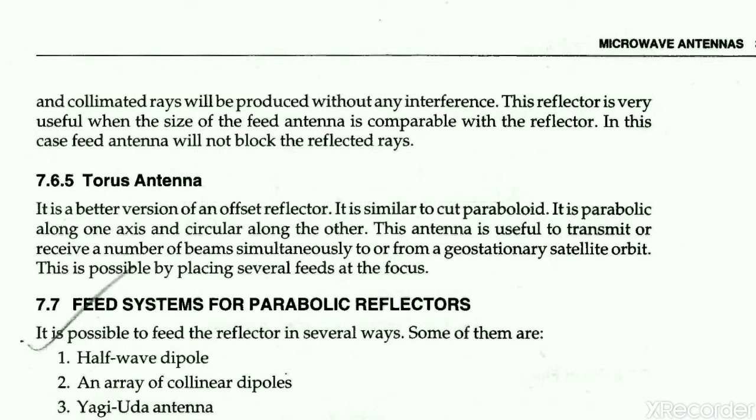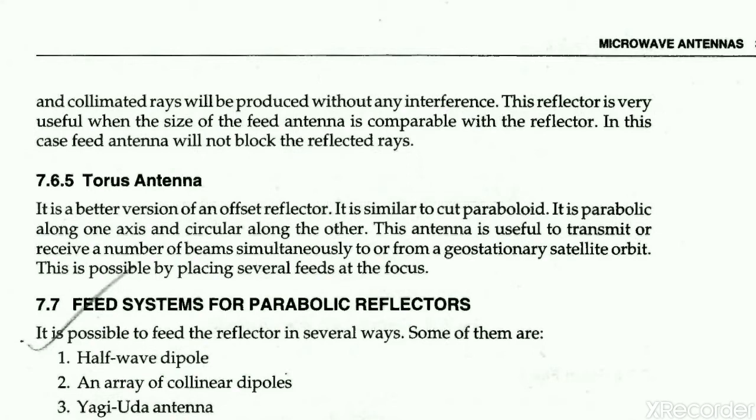This is possible by placing several feeds at the focus. So it has a better version as compared to offset reflector, and it is also similar to cut paraboloid. That is, it is parabolic along one axis and circular along the other axis.